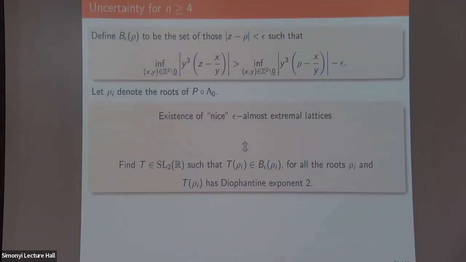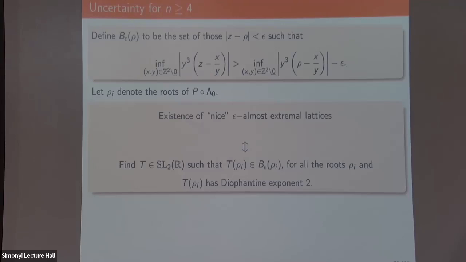Rho_2' here, again in B epsilon of rho_2 intersected with E2, and rho_3' here. So for any 3 roots and any 3 other roots, we can find a matrix T in SL2R sending one to another.